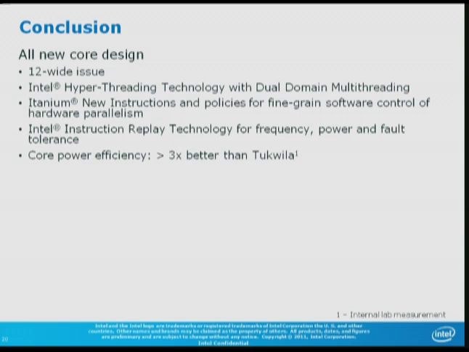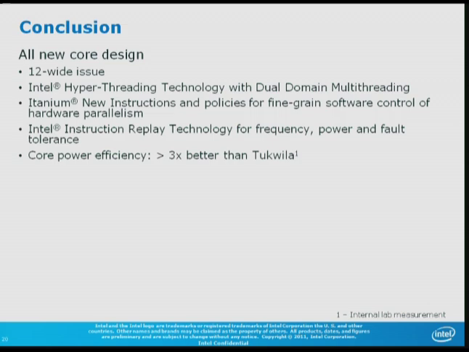So in conclusion, Poulson represents an all-new core design. It's 12-wide issue. It's got what we call dual-domain multi-threading. It's got additional instructions and better ability for software to control the fine-grained behavior of that hardware.